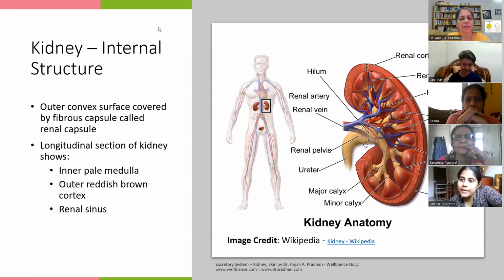Can you explain renal sinus? What is the renal sinus? Okay. This part is renal sinus. See, this renal papilla, this is pyramid. Renal pyramid.